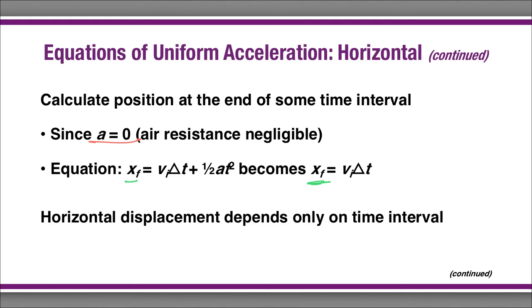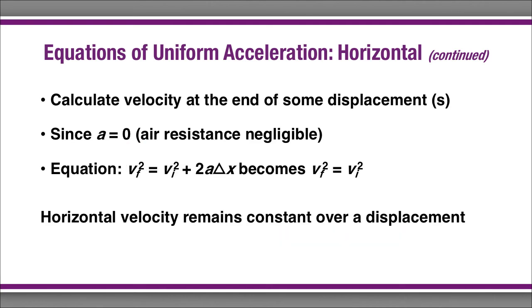All right. So in this case, due to a being equal to 0, this indicates that horizontal displacement depends only on the time at which an object is in the air prior to it being acted upon by another force and just after it is projected from someone's hand, off a bat, or off a table, etc.